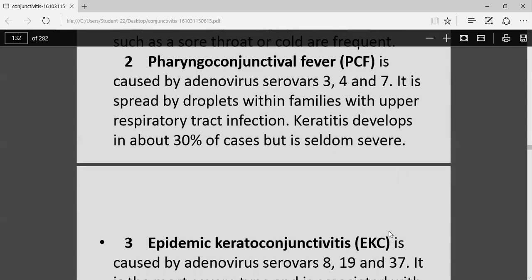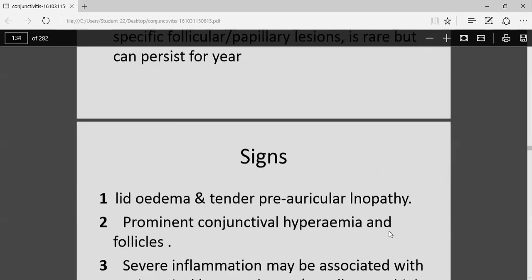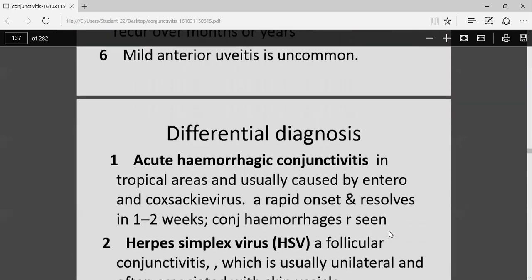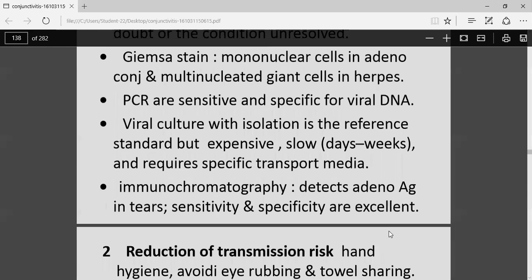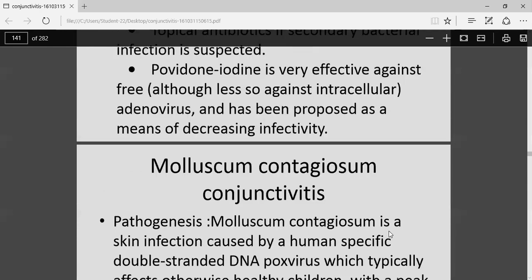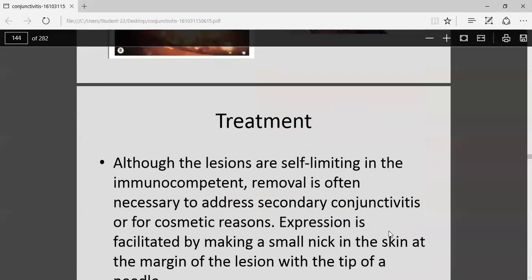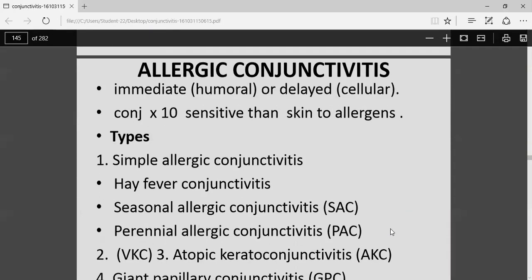Yes, this pharyngoconjunctival fever and the epidemic keratoconjunctivitis, these are the two variants of the adenoviral conjunctivitis. We have gone through this also last week. Molluscum contagiosum. Yes, this is today's topic. I hope you all can see this. Is that right?